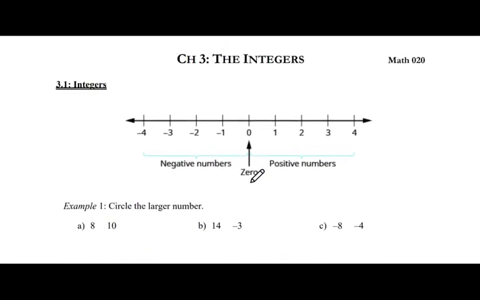When we compare integers, or when we compare numbers, it is easy to tell that 1, for example, is less than 3, or 10 is less than 25. The positive numbers are very intuitive to us.